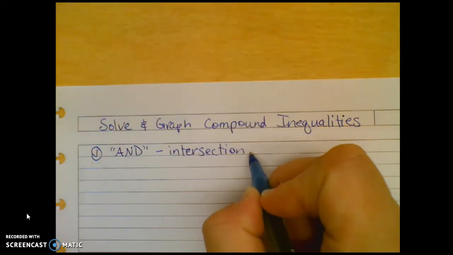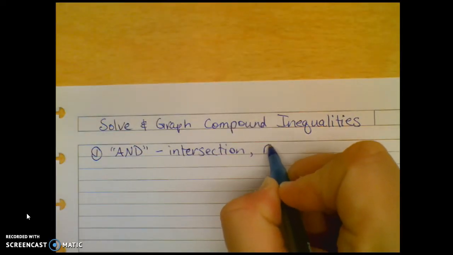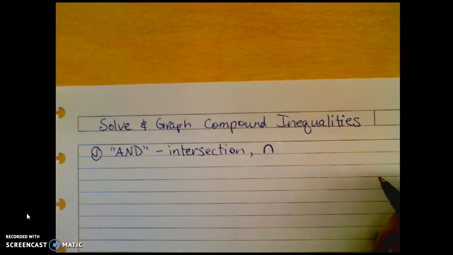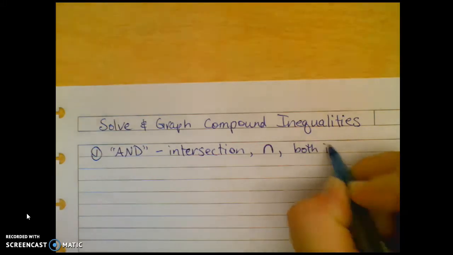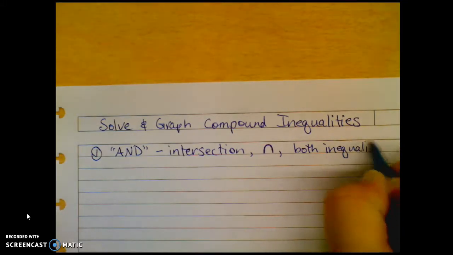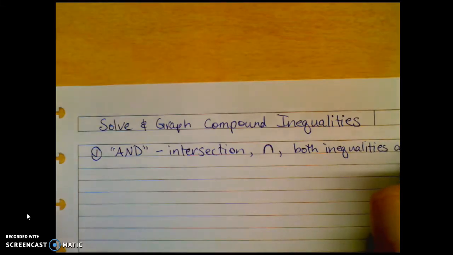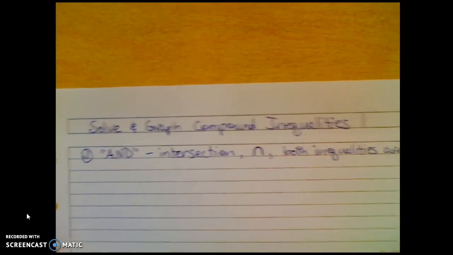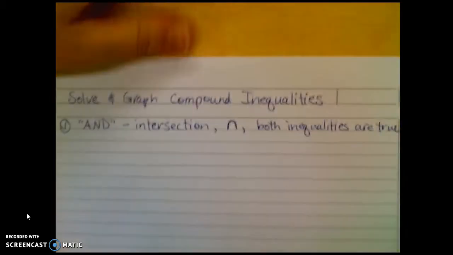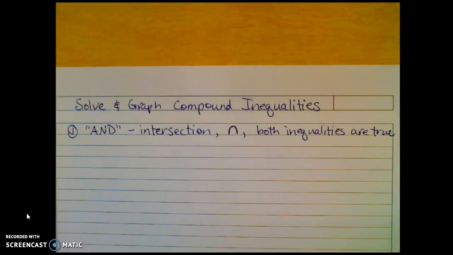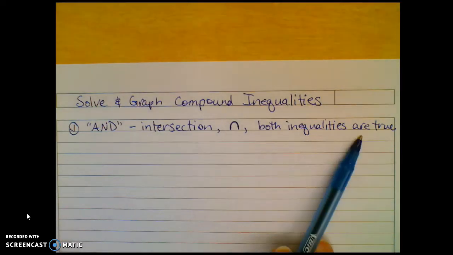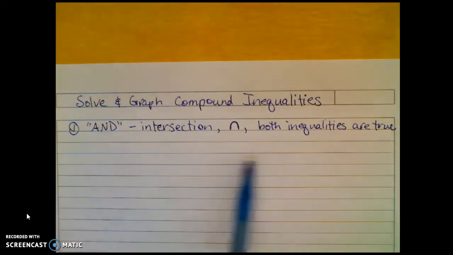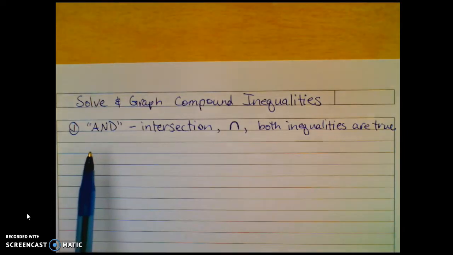Besides the word "and," you can also use this upside down U looking thing that stands for intersection, and it means that both inequalities are true. Okay, so when we solve these, you will see that the inequality has to be true for both the first one and the second one because we use the word "and."